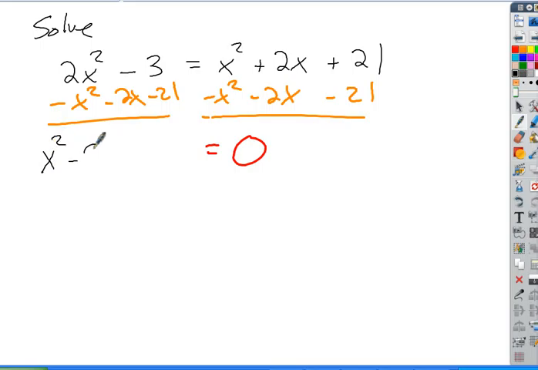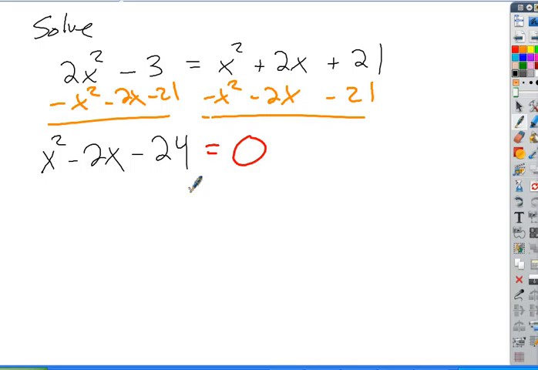We get just a plain old negative 2x, and then negative 3 and negative 21 combine to negative 24. Okay, good. And recall the reason that we're doing this. I mean, we're going to combine like terms no matter what when we're solving. But now when we get to this point, we see that we can't combine them any further.